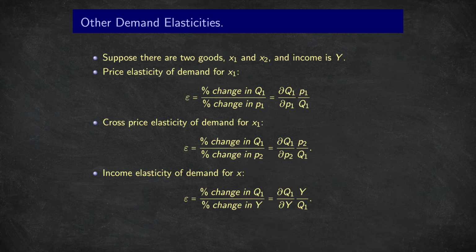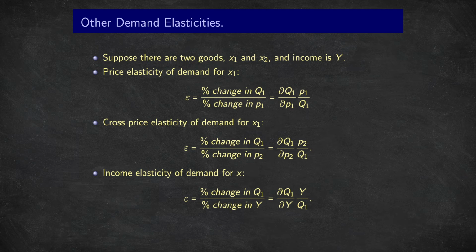If the goods were complements, so things you typically buy together, then if the price of good 2 goes down, so you buy more of good 2, you may also buy more of good 1, so you would expect this cross-price elasticity to be negative. So it's not necessarily negative, and it indicates whether the goods are substitutes or complements.